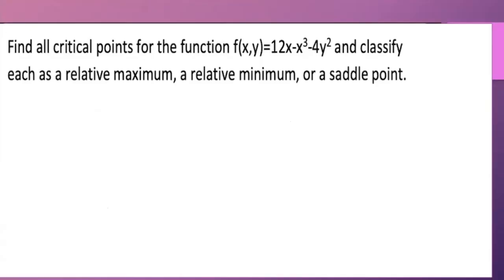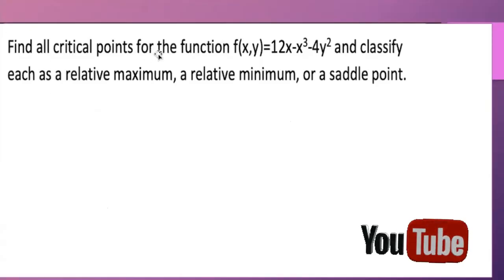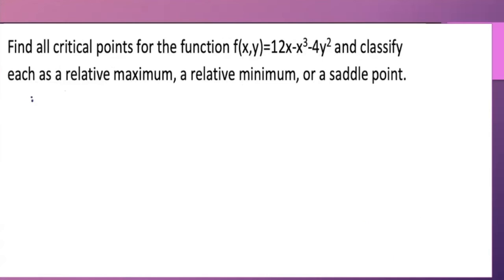The next question states, find all critical points for the function f(x,y) equals 12x minus x cubed minus 4y squared, and classify each as a relative maximum, a relative minimum, or a saddle point. Once again, I need to find my critical points.